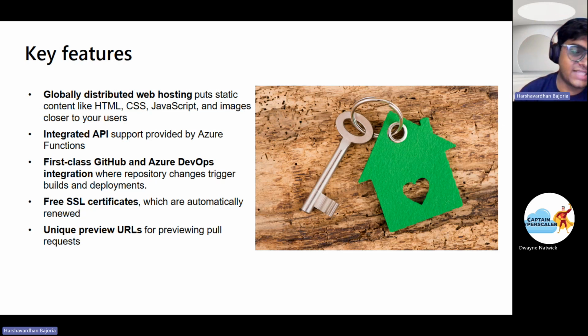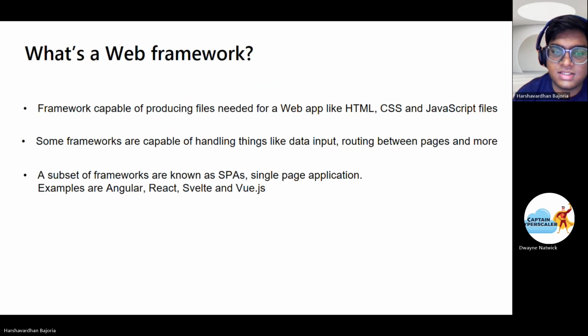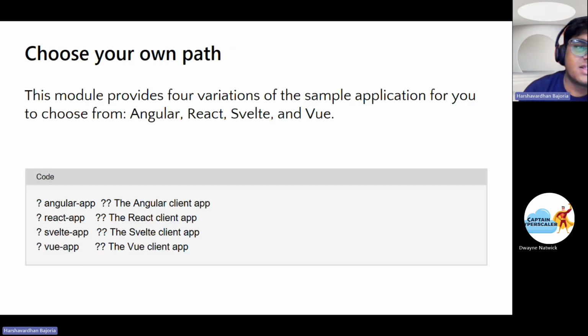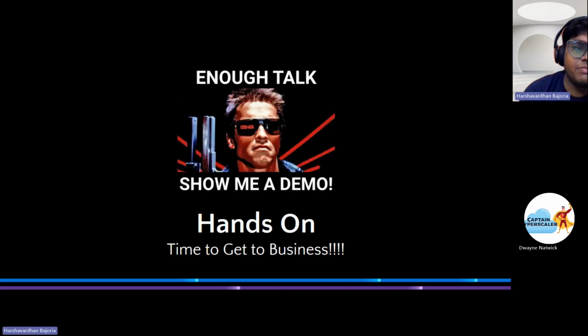Those are some extra features added on. Now, we need a web framework that we have built, and we will be building one of our websites and hosting it live using Azure Static Web Apps. Let's go to the demo.